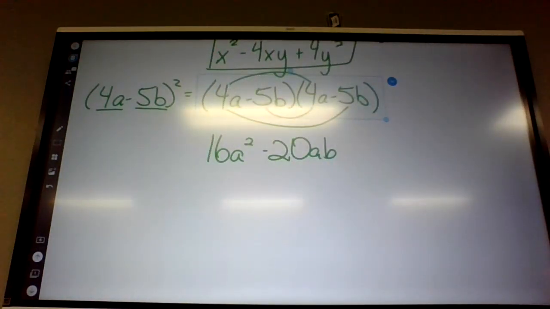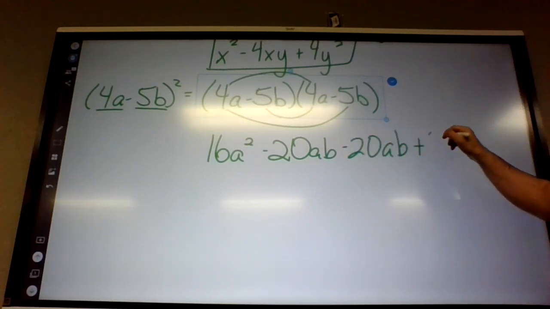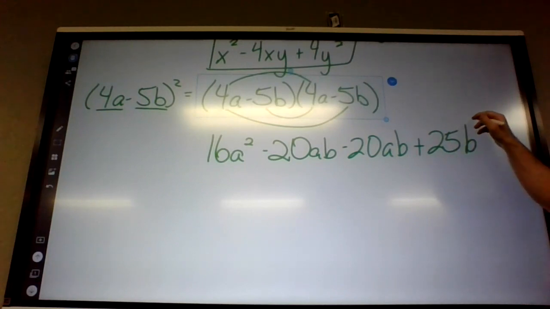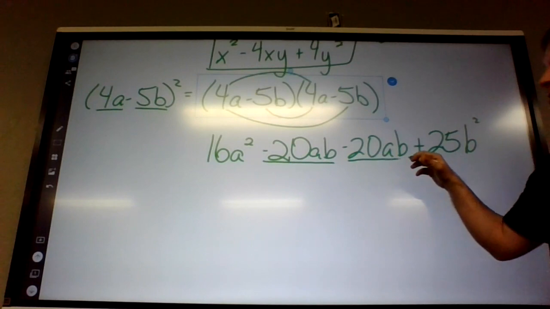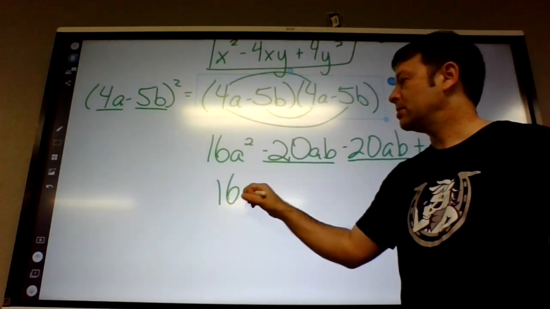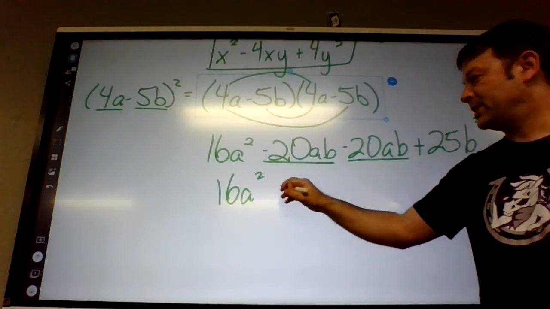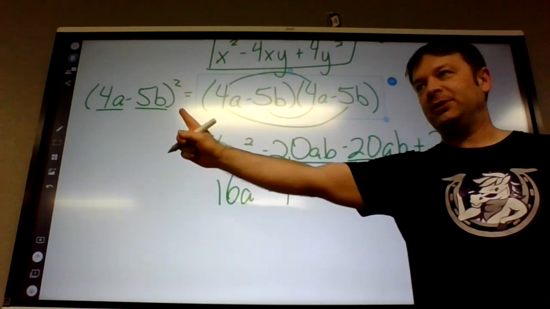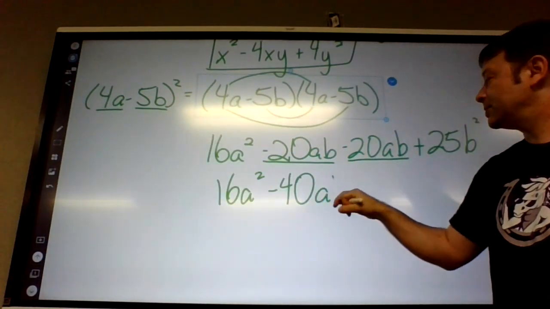And the last one, 25 b squared. Yep. And that one's positive, so we'll put a plus there. And then what is negative 20 minus 20? Yeah, there you go. Negative 40, because it's like you're going backwards 20, backwards 20, so backwards 40.